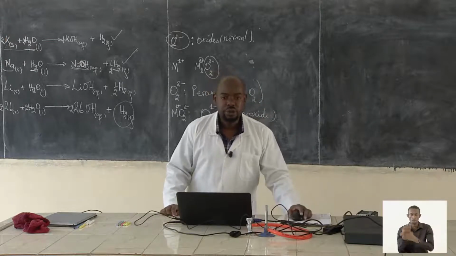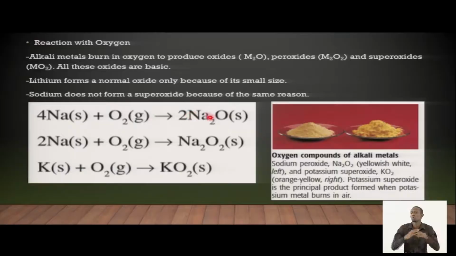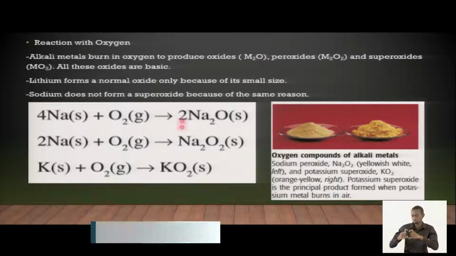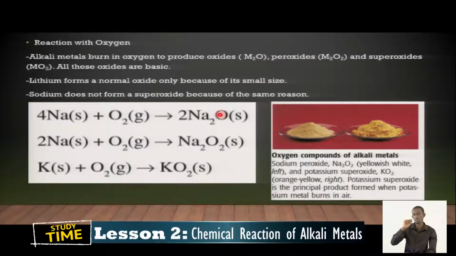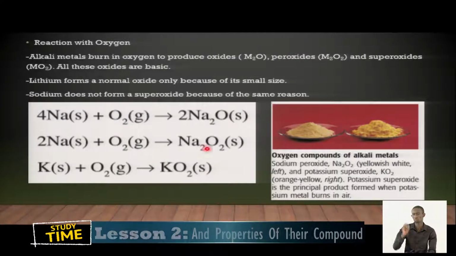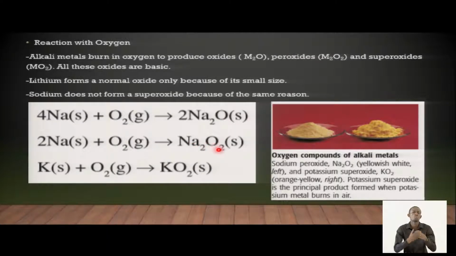You can produce a normal oxide with the general molecular formula M2O, that is Na2O, okay? And you can also produce sodium peroxide because of its large size. But do you think lithium will produce a peroxide? It's not very easy because of the small size of lithium.